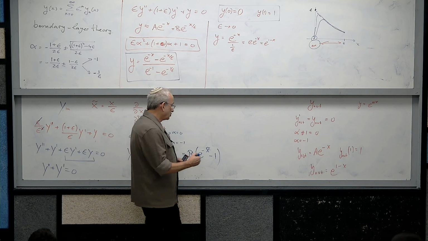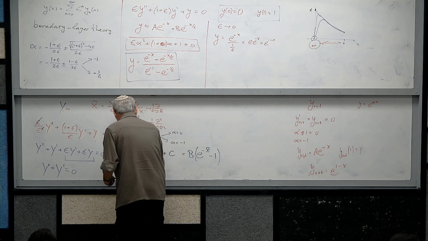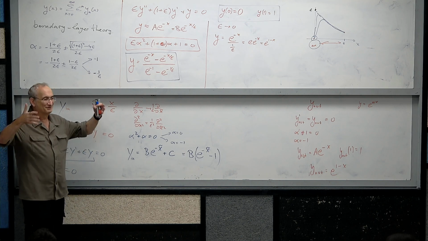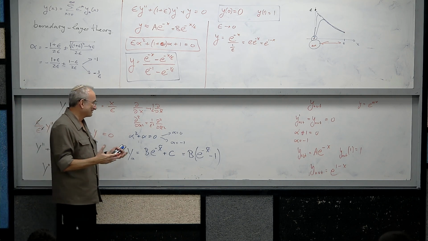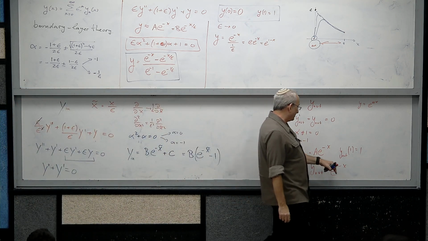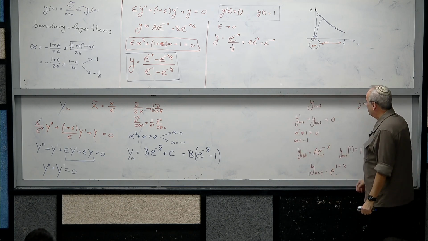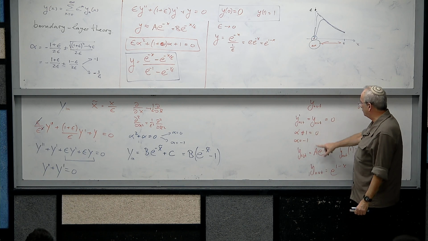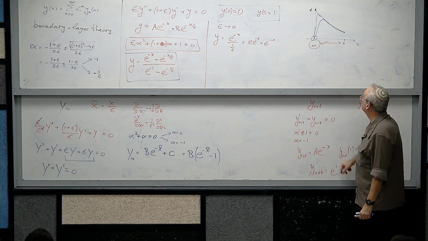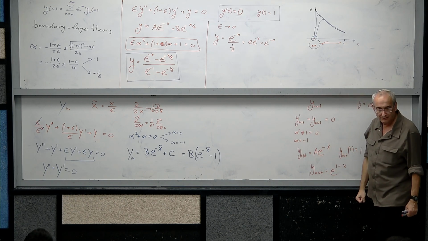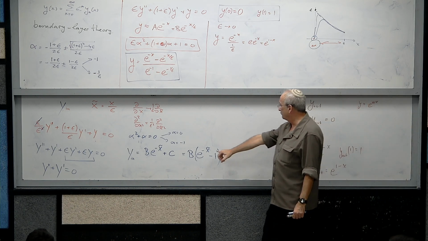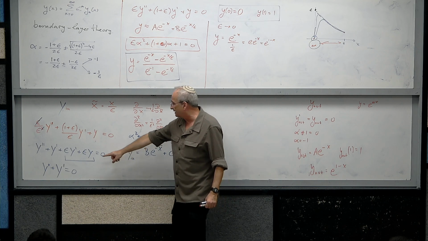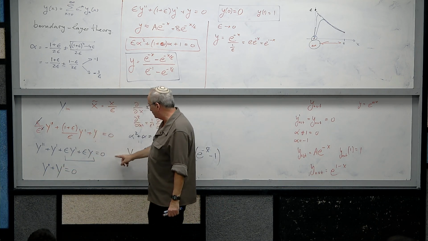So the outer solution, and the free parameter is to connect the two solutions. The outer solution is e to the 1 minus x, because in the outer solution we drop the second derivative, so we have only one constant, and we decide this constant with the right boundary condition. In the inner solution, we have a second derivative, so we have two constants.